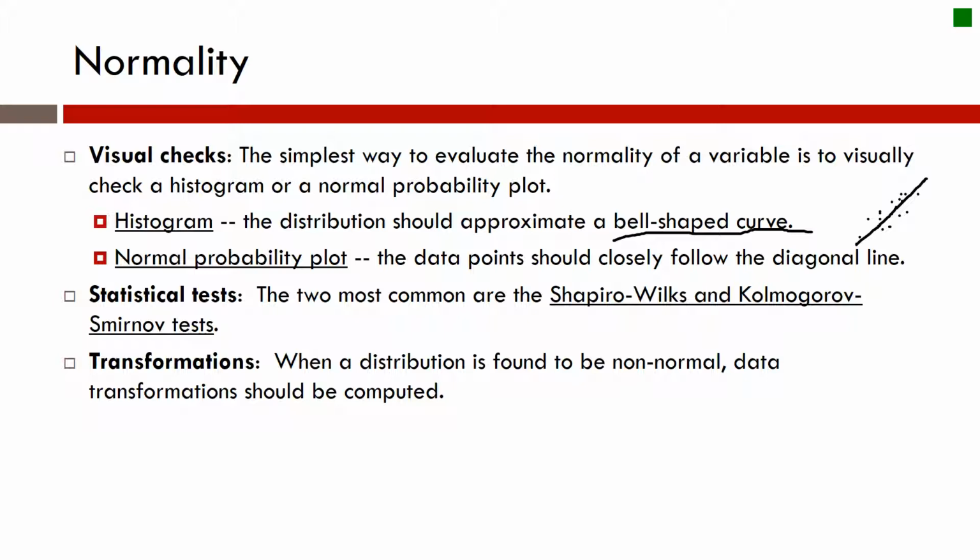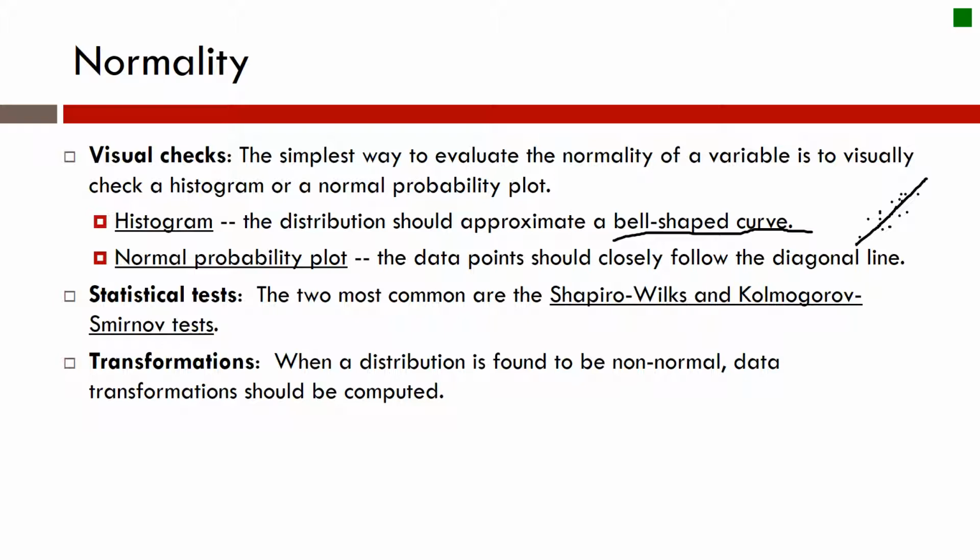They will help us identify normality. And then again, when data is not normally distributed, we might be able to do some data transformations, which do not necessarily impair the quality of the data, but will transform the data and help us make the data become more normally distributed.